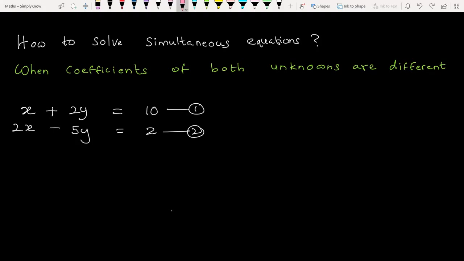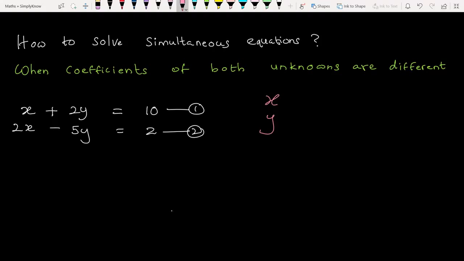We don't find. Now what are our unknowns? It's x and y. The coefficients of neither x nor y are equal now. Therefore, as our first step, we need to make the coefficients of one unknown the same.